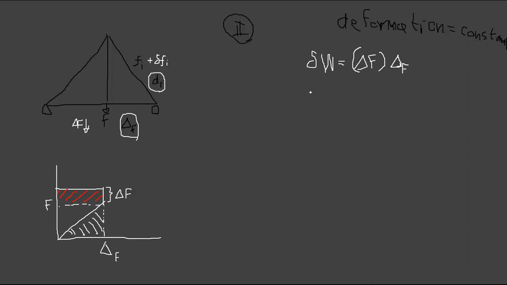The total strain energy will be the summation of the strain energy in the ith member. The force is initially Fi, and now it's Fi plus delta Fi. Here it's F plus delta F. So the additional work done due to this force is delta Fi into Di, because the deformation does not change.